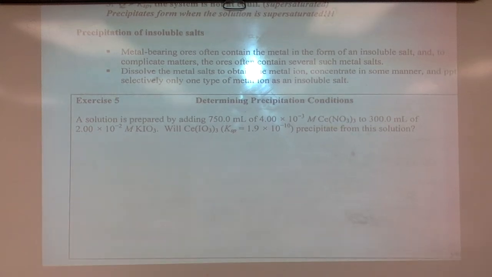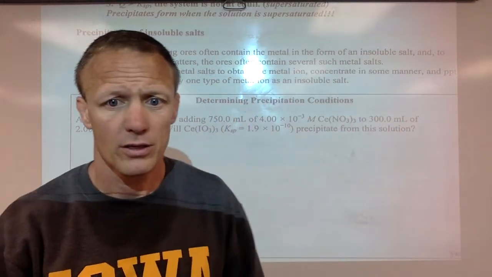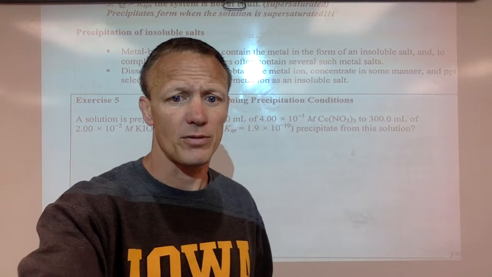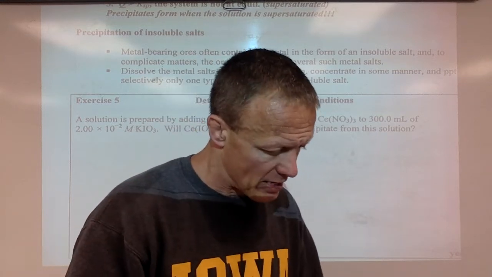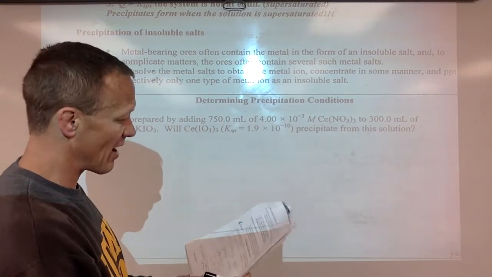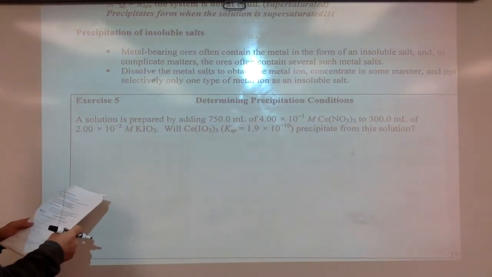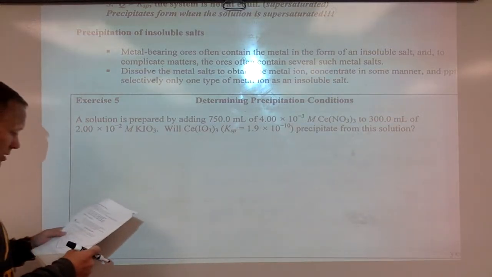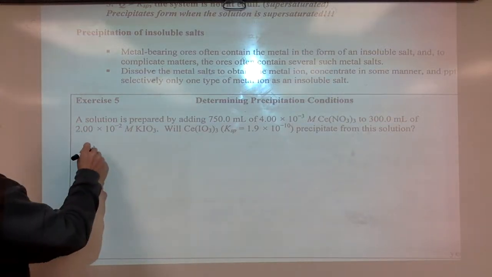So what I want to know here is if a precipitate will form in this reaction. Again, this is exercise number 5 here. So we're going to mix some cerium nitrate.